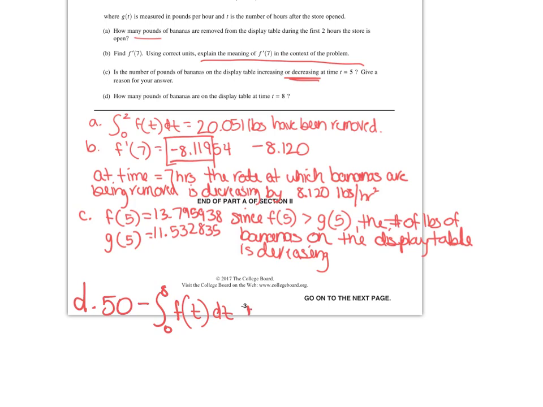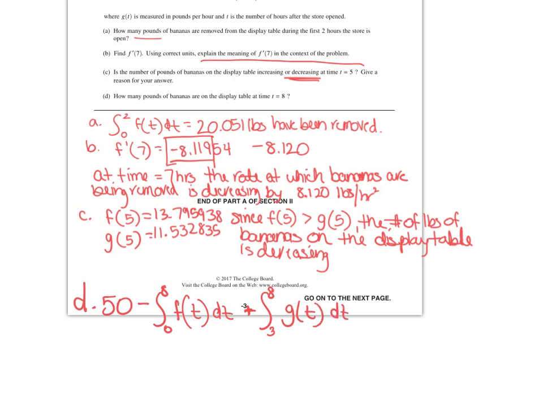And then we're going to add the total number of bananas that have been added using our function G. But notice our function G doesn't start till 3 hours after it's opened. So for the first 3 hours, bananas are only being removed. And then from hour 3 to hour 8, you have bananas still being removed, but also some being added back to the table.